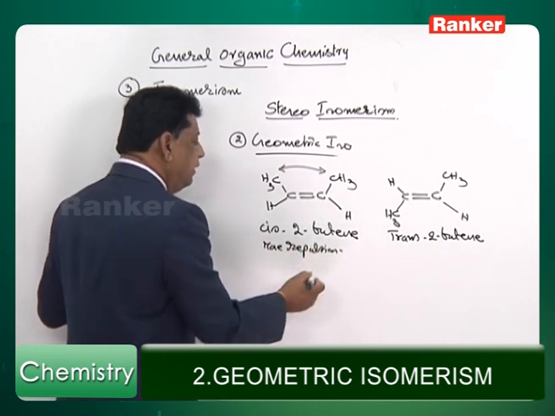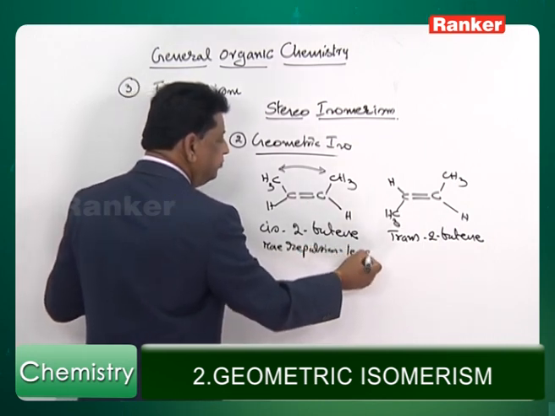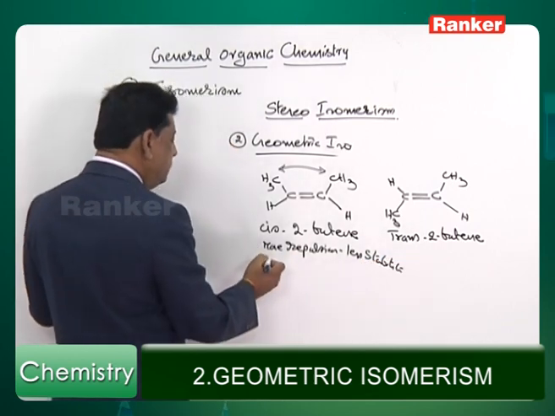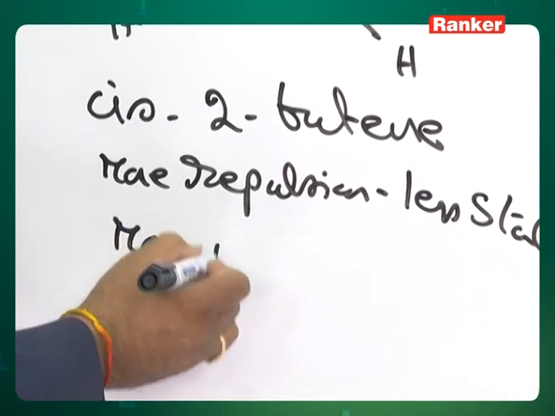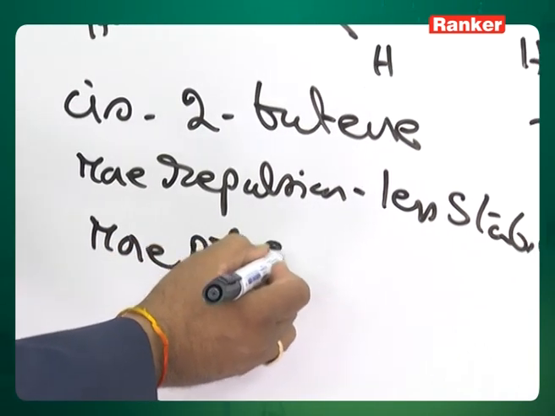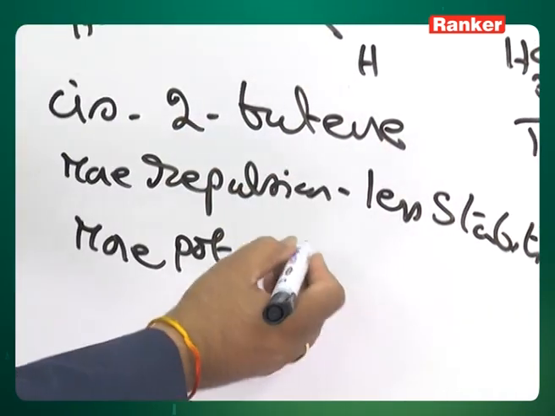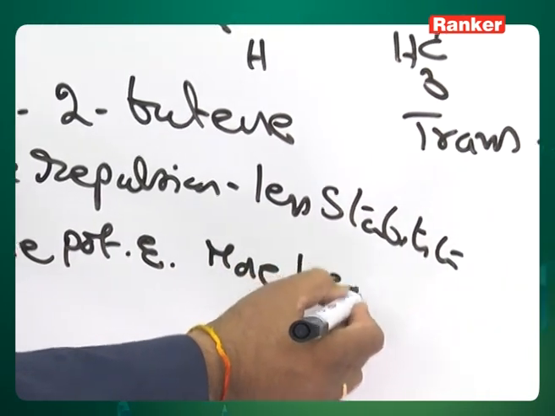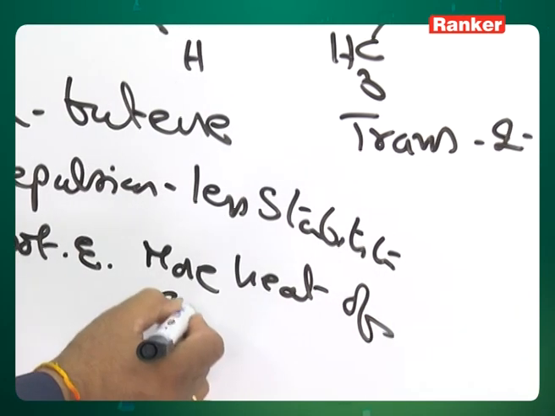More repulsion means less stability. Less stability means more potential energy. Therefore, when you burn it, you will get more heat of combustion.